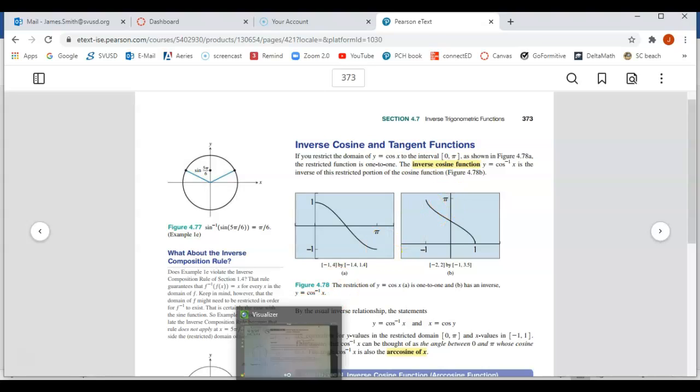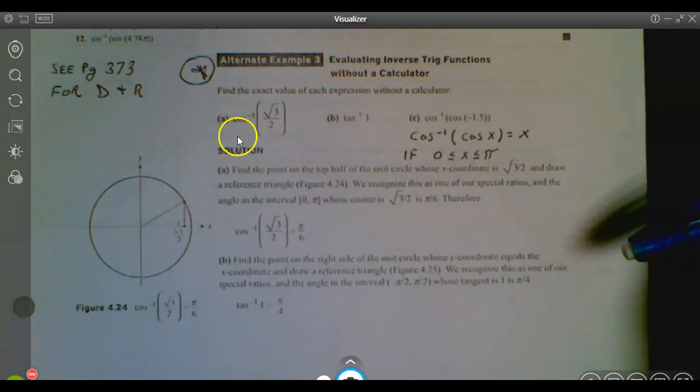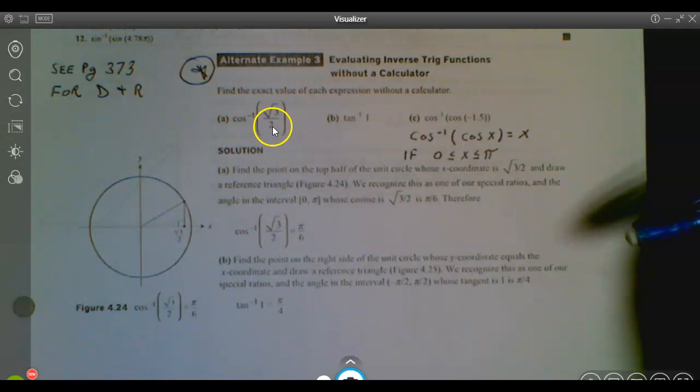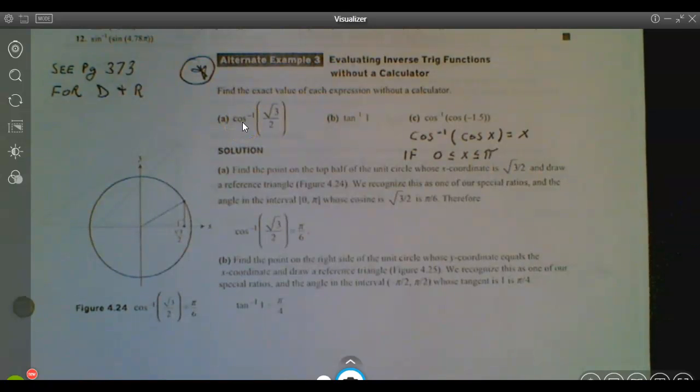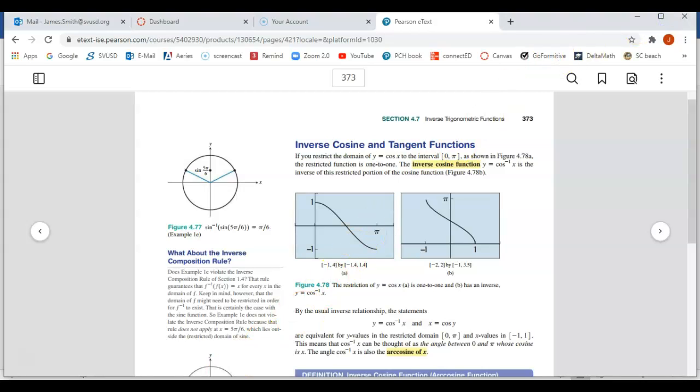So let's look at a couple of these. What is the angle that produces the length ratio of rad 3 over 2? We are putting in the length ratio, and the output is going to be an angle between 0 and pi. Remember, cosine is your x's.